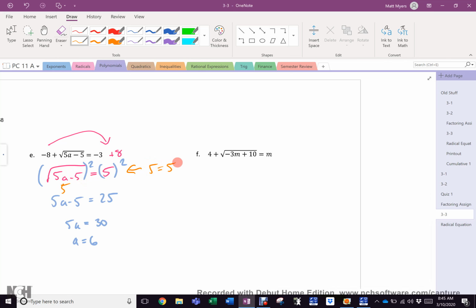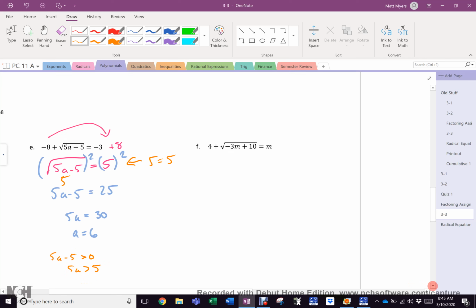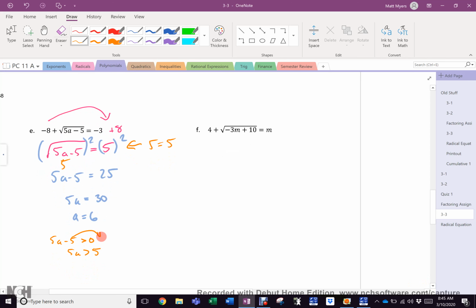Everybody happy? Let's check and make sure 5a minus 5 has to be greater than 0, yes? Right? So 5a has to be greater than positive 5, because I moved that over there, right? One sec. A has to be greater than 1.